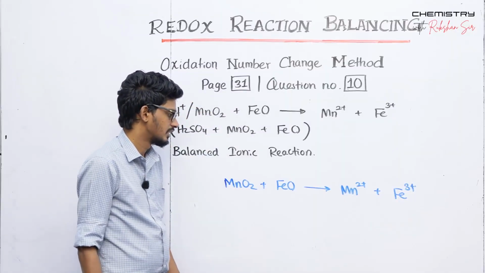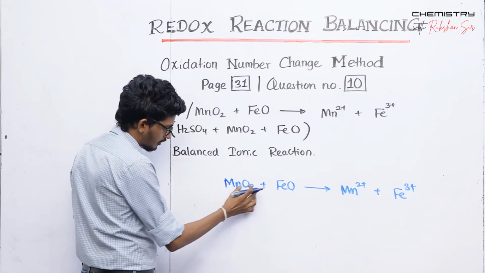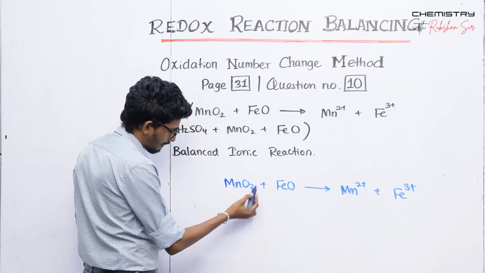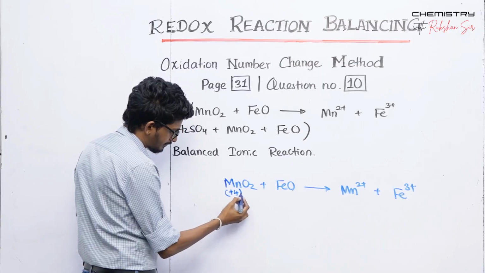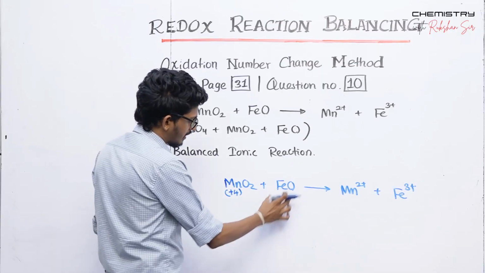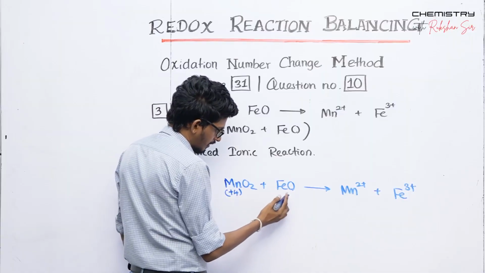First step is done. Second step, balancing the oxidation states with use of electrons. So here you have -4 appearing with the 2 oxygens, so that the manganese should come up with +4. This one Fe, -2 here, so here +2.